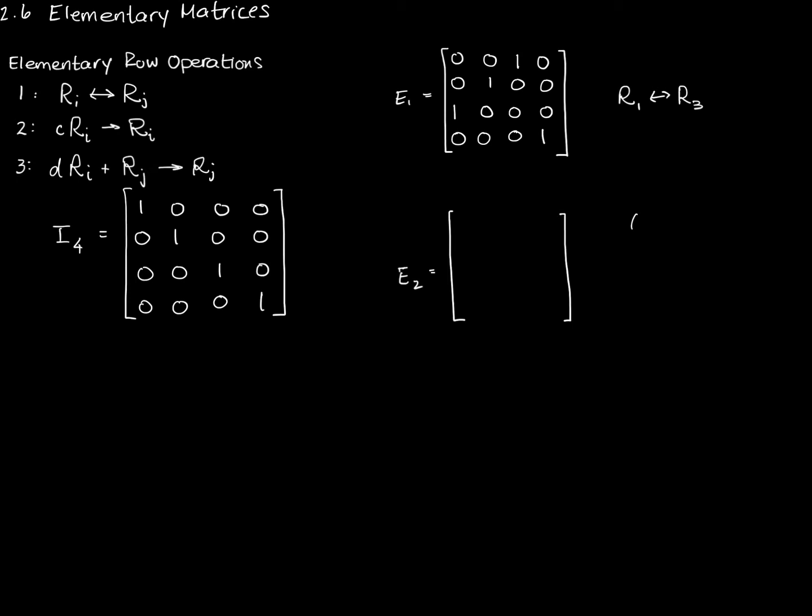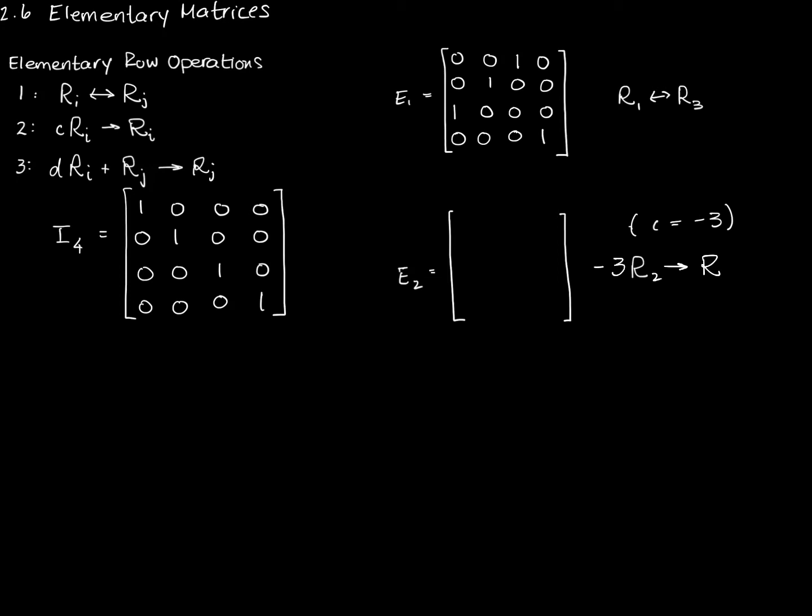I'm going to say for this case, my constant C equals, let's go with -3. That means that my elementary matrix 2, the one that I get by performing elementary row operation number 2 on the identity matrix of dimension 4, is what I will get by multiplying one row by -3 and putting that back into the position of the same row.